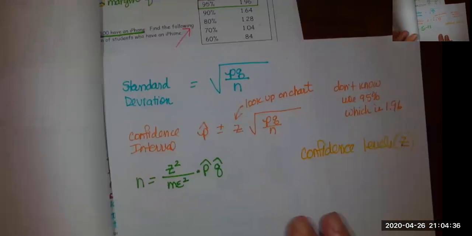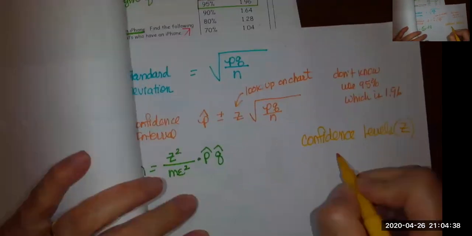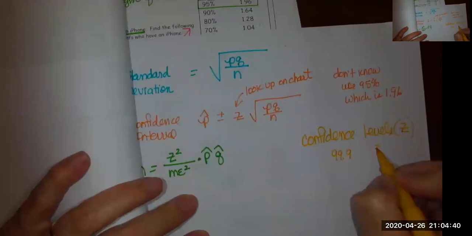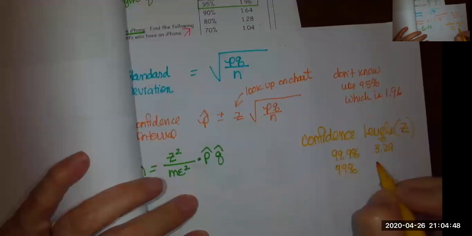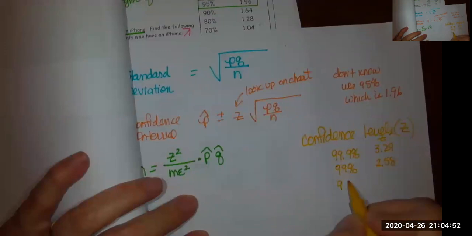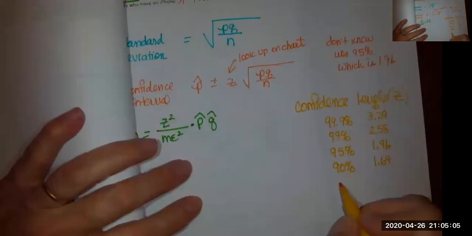Z, right? Maybe write these down. 99.9 is 3.29, right? And these are percents. 99% is 2, and you don't have to memorize these. If this were a test, I would let you write them down, or I would give them to you probably printed on your test. But right now, I think you're in good shape if you can write them down so that you know where to find them in your notebook.